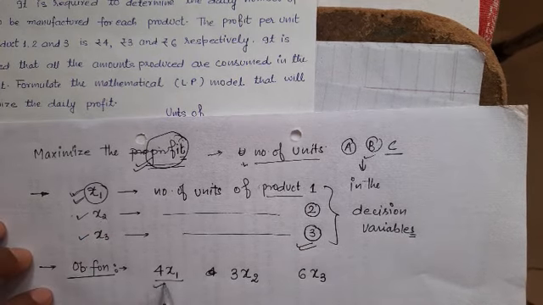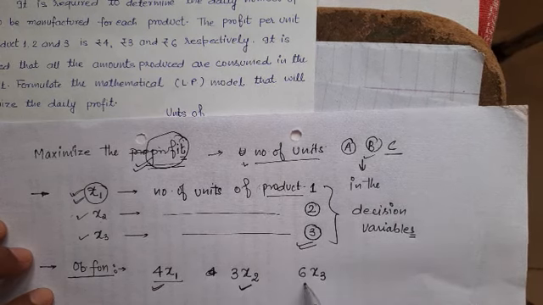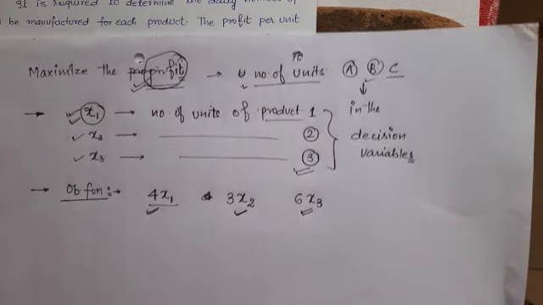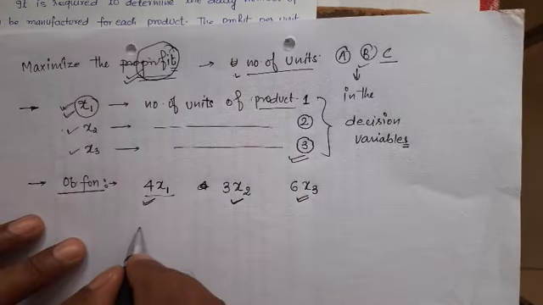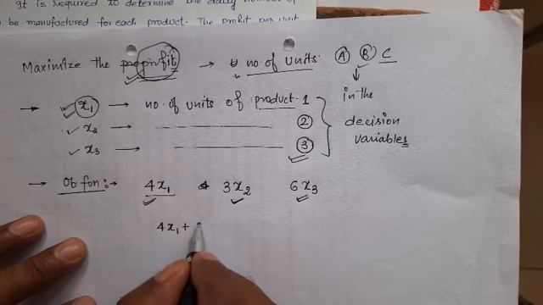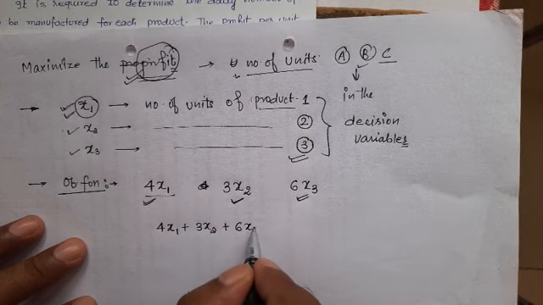This is the profit from product A, this is the profit from product B or 2, and this is the profit from product 3. So the total profit will be the summation of these profits: 4x1 plus 3x2 plus 6x3.